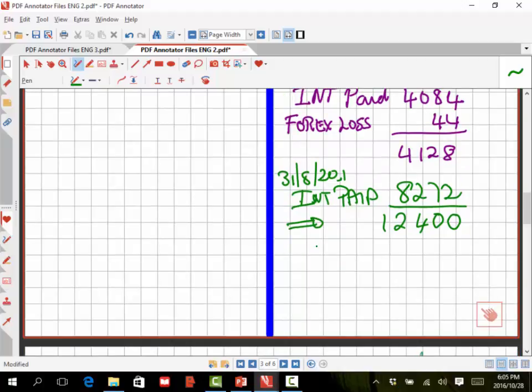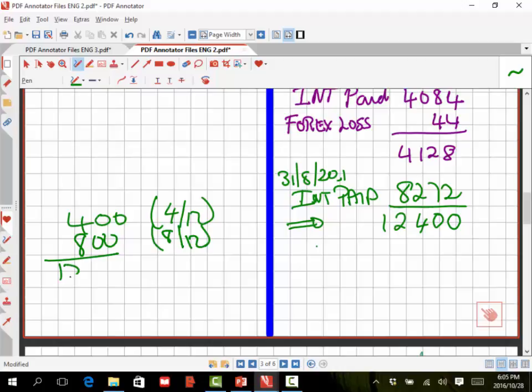That interest payable is the 400 from the first 4 months, and the 800 from the current 8 months. So the full interest repayable is 1200, and it is repayable on today's date at 10 Rand 36. So the amount repayable is 12,432.